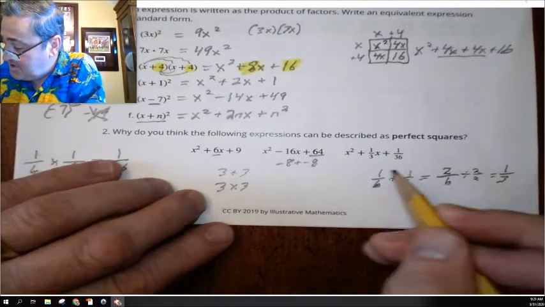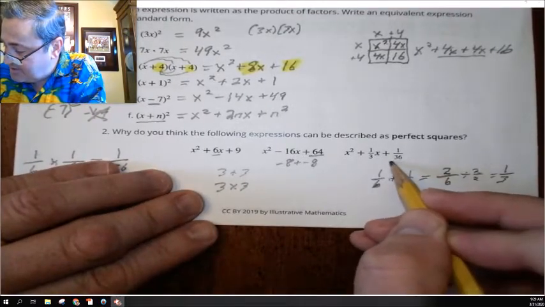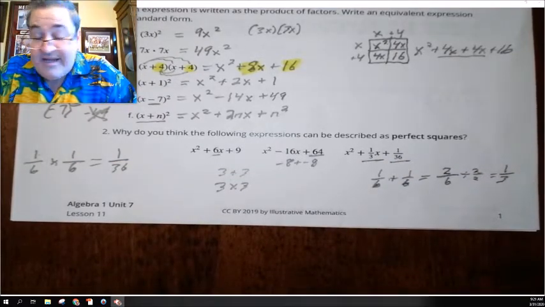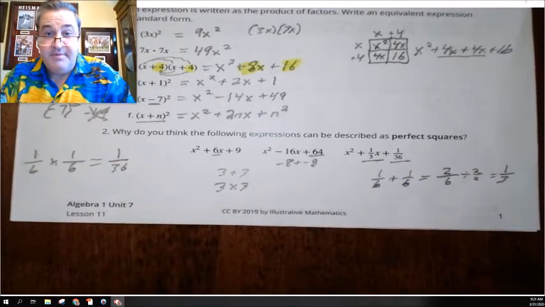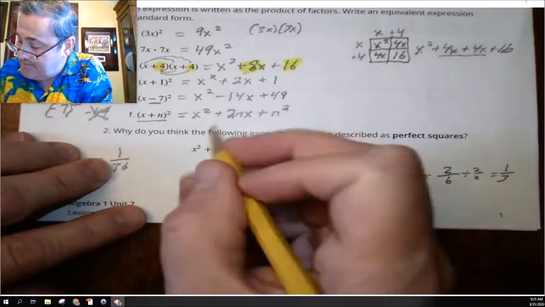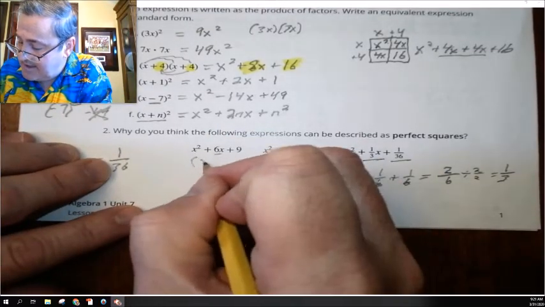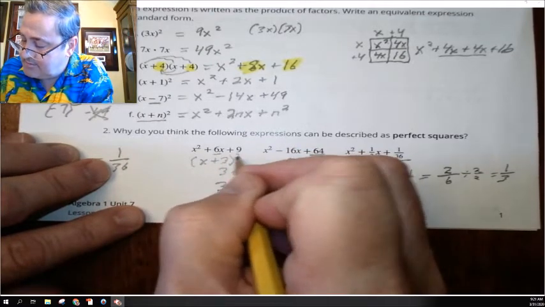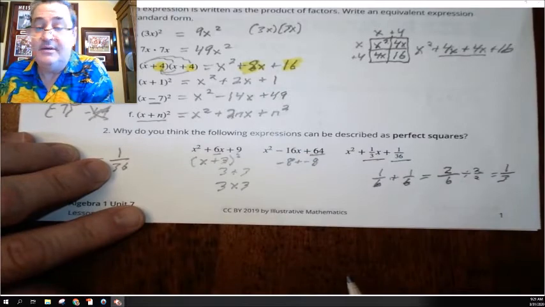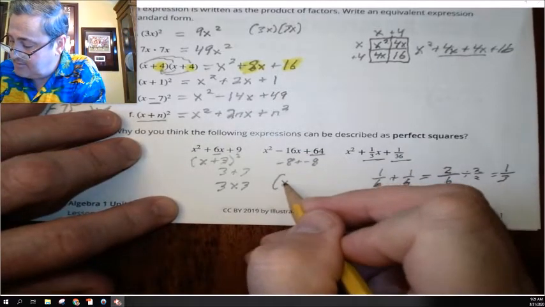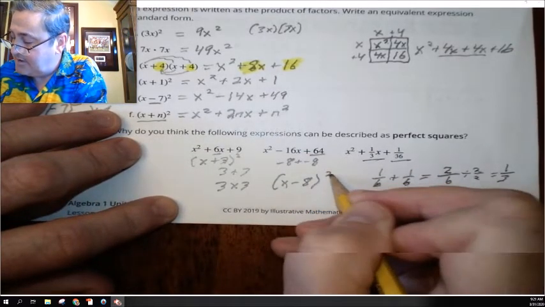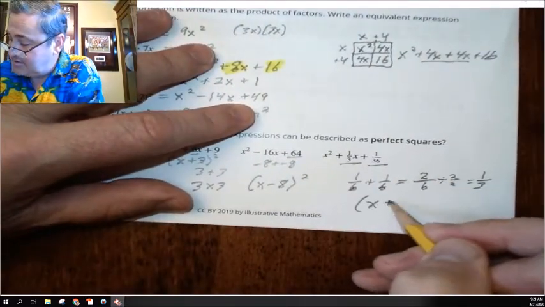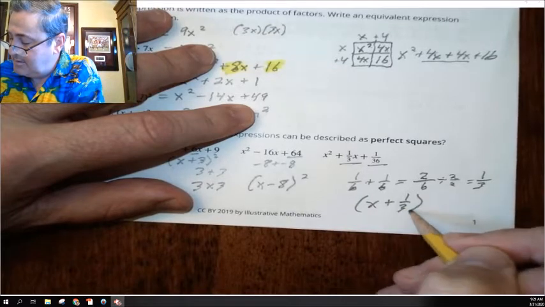So this also works: the same number that we square here, we add together twice to get that. So that's why those are perfect squares, because they break out into the same binomial. It'd be the same as x plus 3 squared, right? And this one would be x minus 8 squared, and this one would be x plus 1/3 squared.